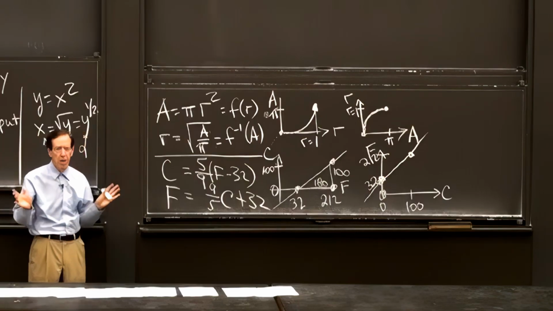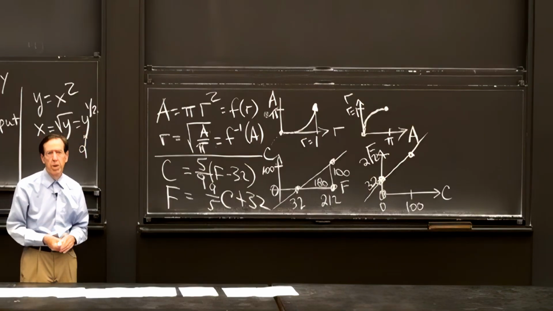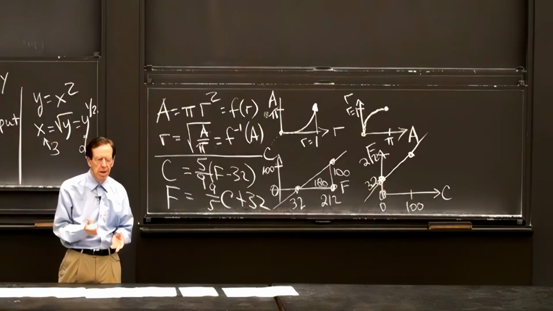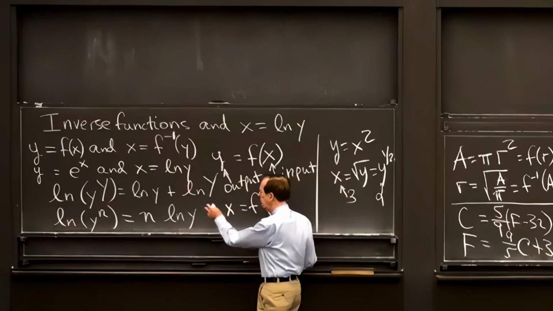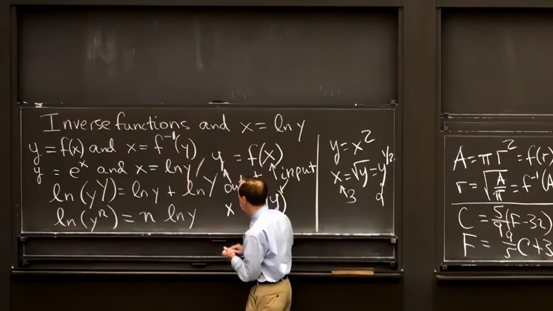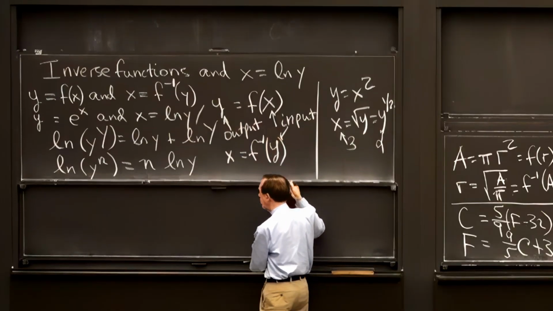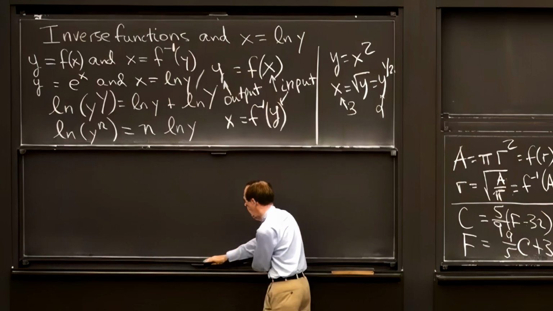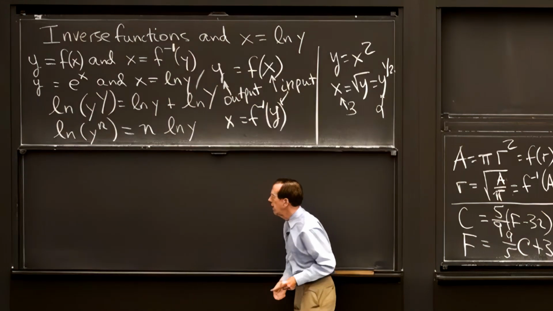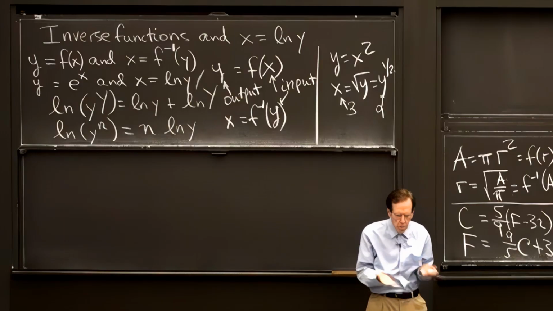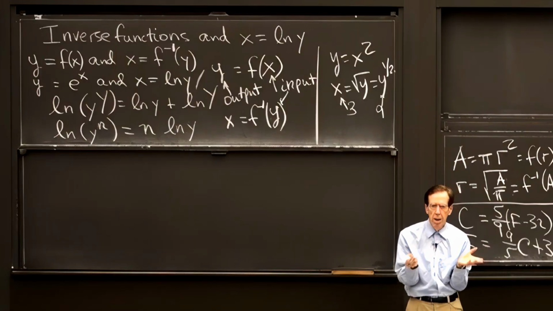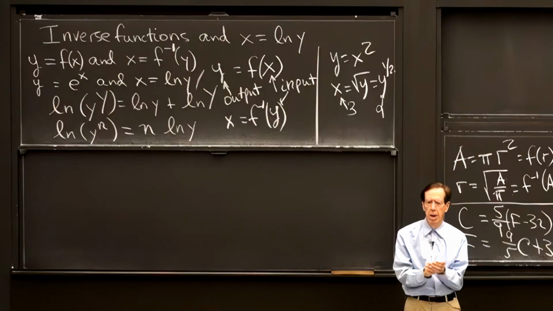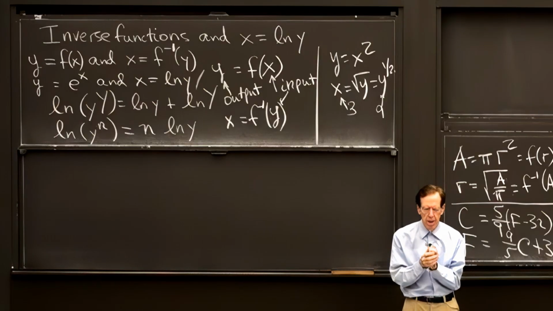Okay, now are we ready for the real thing, meaning exponentials? Okay, so I come back to this board, which tells me what I'm after, and go for it. So what am I saying here? I'm saying that the logarithm is going to be the inverse function of e to the x.